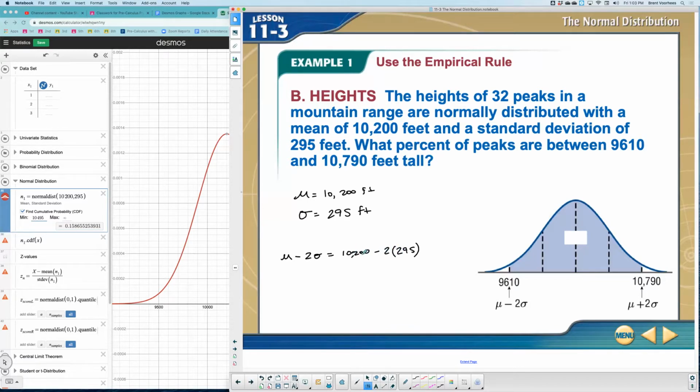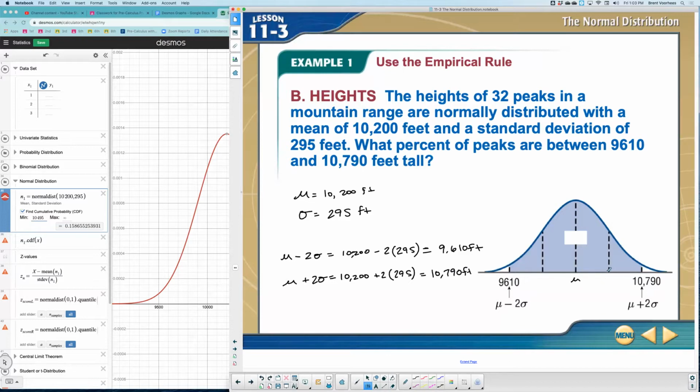And if you subtract 590 from this amount right here, that's where we get 9,610 feet. Just the same, the mean plus 2 sigma is 10,200 plus 2 times 295. So 10,200 plus 590 is going to equal 10,790 feet. So that's where these numbers are coming from.